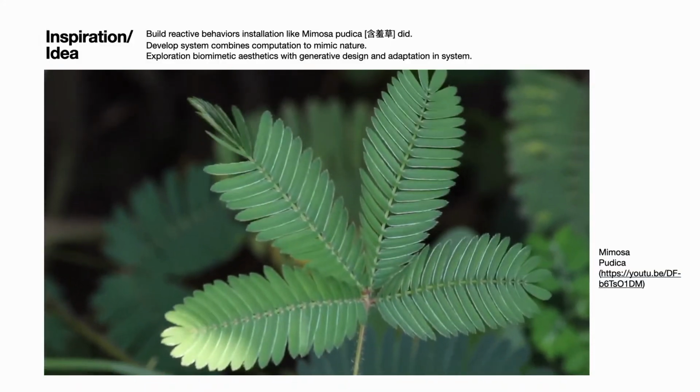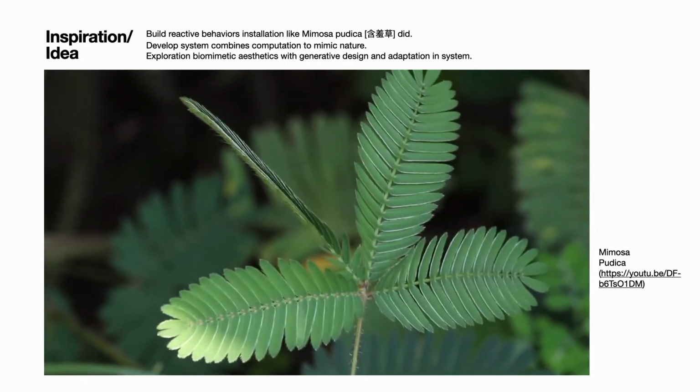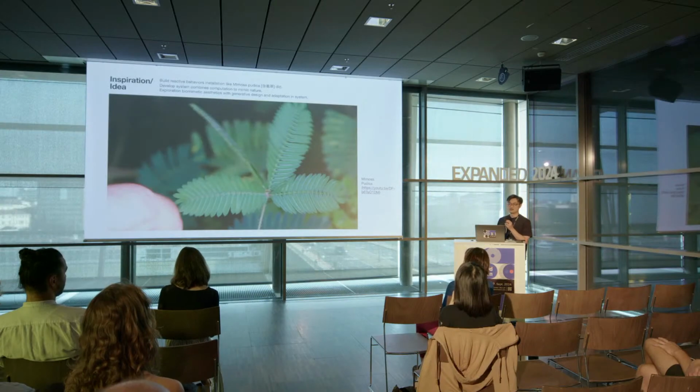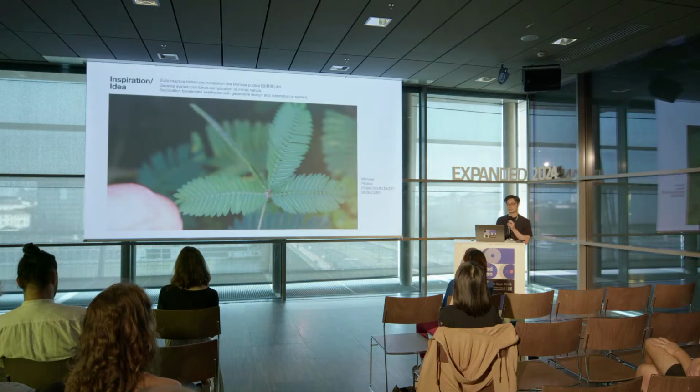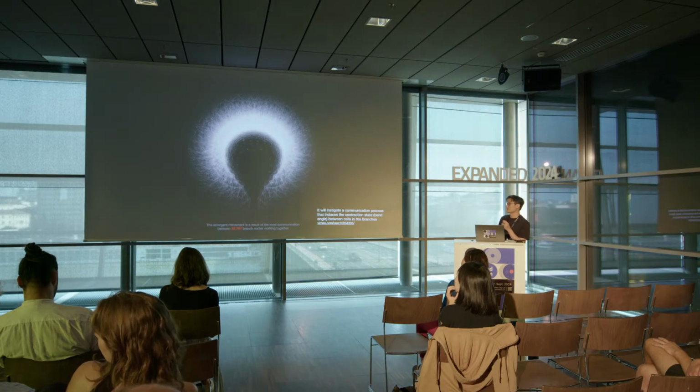One of the plants I'm interested in interacting with is the mimosa. When I touch it, it's very easy and relaxed, and I can wait for some reaction after I touch, and the process is smooth.